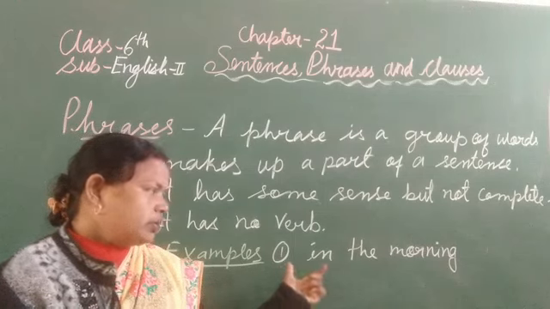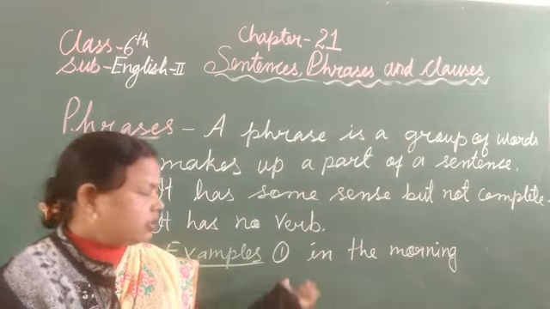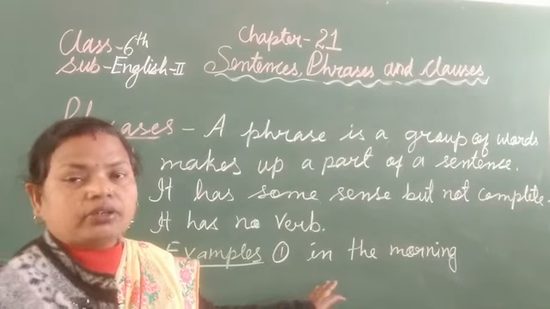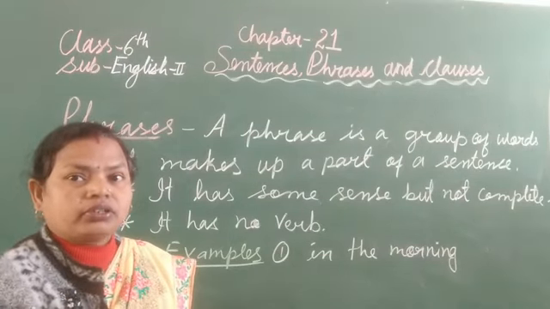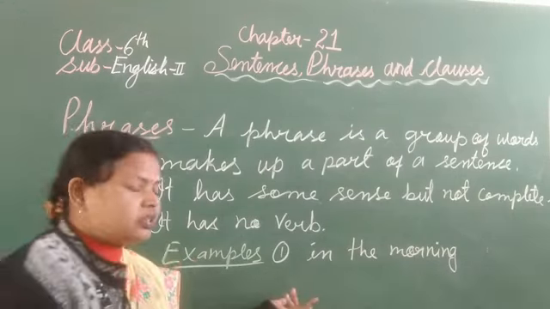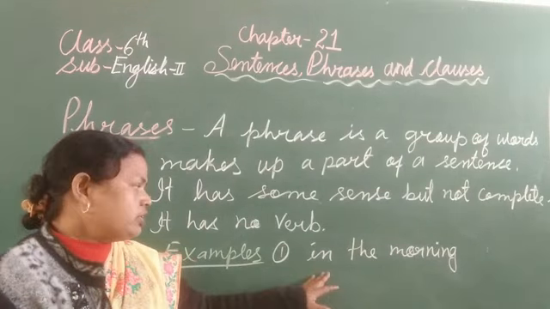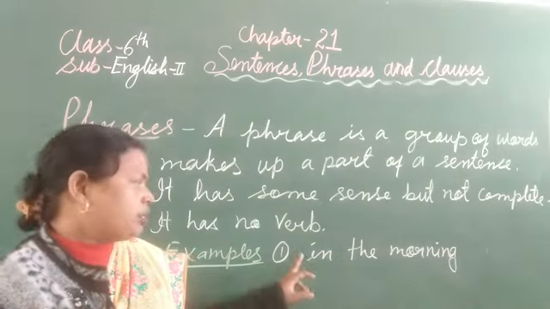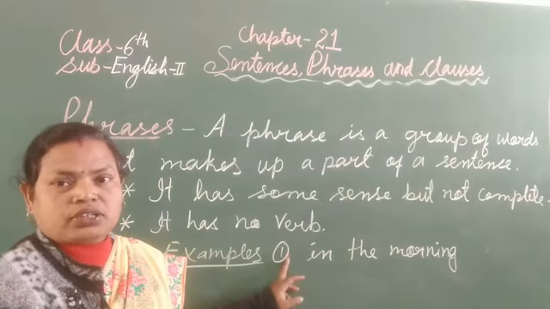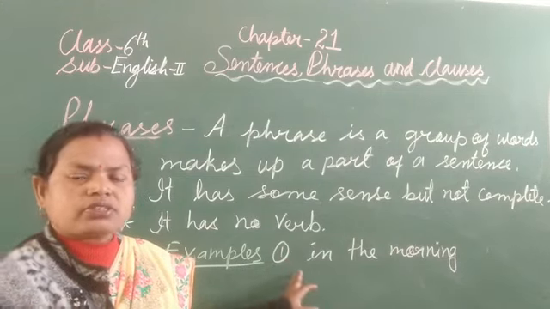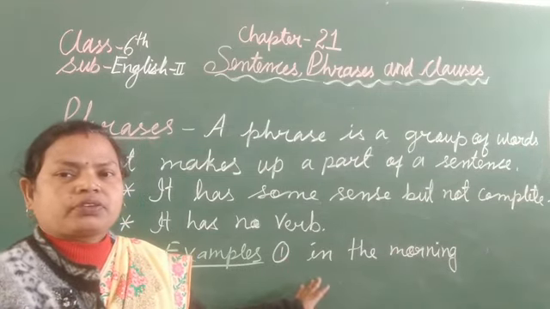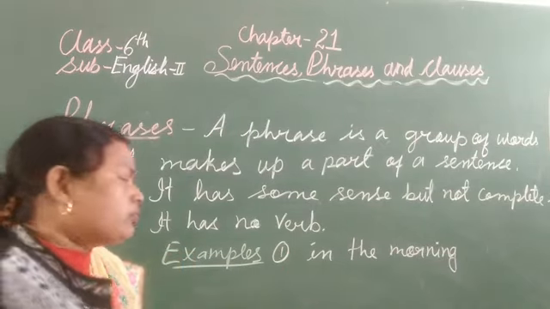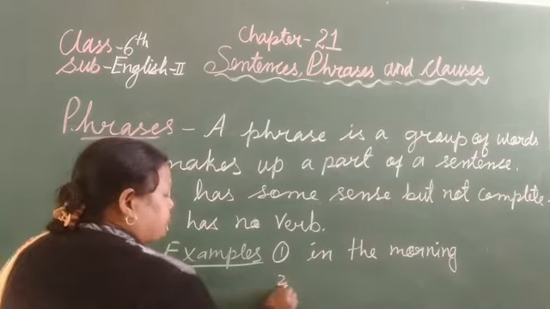It is a part of a sentence. It has some sense, in the morning. It gives meaning, but it is not complete. What in the morning? Nothing is given, so it is incomplete. And see here, there is no subject, no verb. It means a phrase has no subject, no verb. It is just a group of words which have some sense. So it is clear. Let's see one more example.